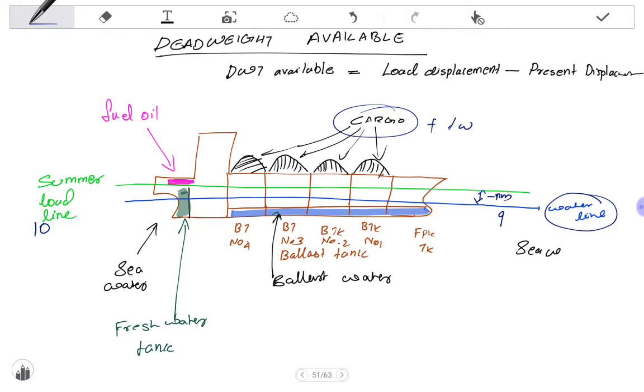So the difference between the load displacement and the displacement of the vessel at present is called dead weight available. So what is dead weight available? Load displacement minus present displacement. Okay, that is called dead weight available.